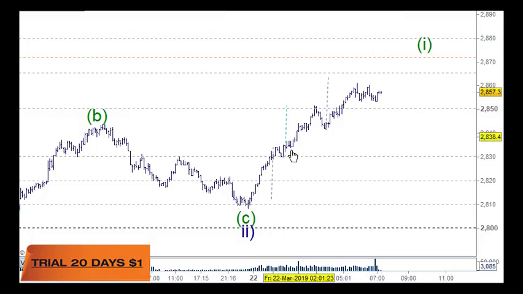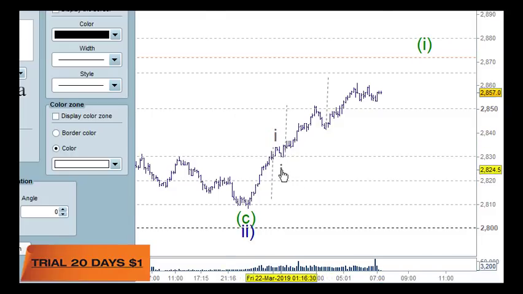But it doesn't count very well here as a sort of a wave C or even a wave 1 here. So it's probably more likely that we have this as 1 here and 2 here, and 3 would be up here somewhere. So we could look at this.